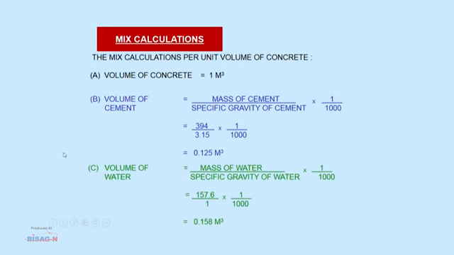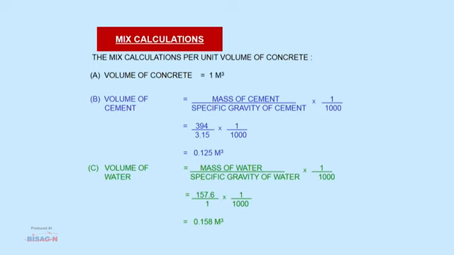The mix calculations are as under: total volume of concrete is 1 meter cube. In 1 meter cube of concrete, the mass of cement is 394 kg and the specific gravity of cement is 3.15. So, the volume of cement comes out to 0.125 meter cube. Volume of water: the mass of water we have already calculated as 157.6 kg.